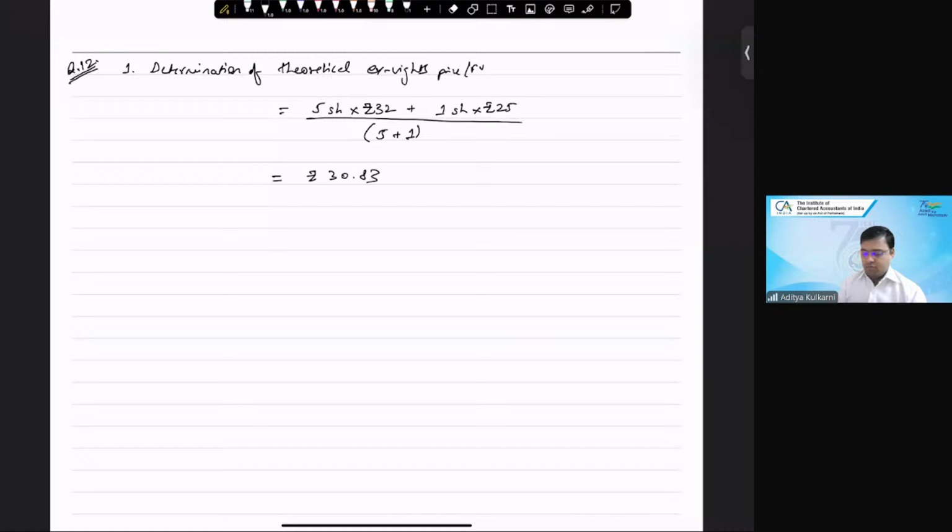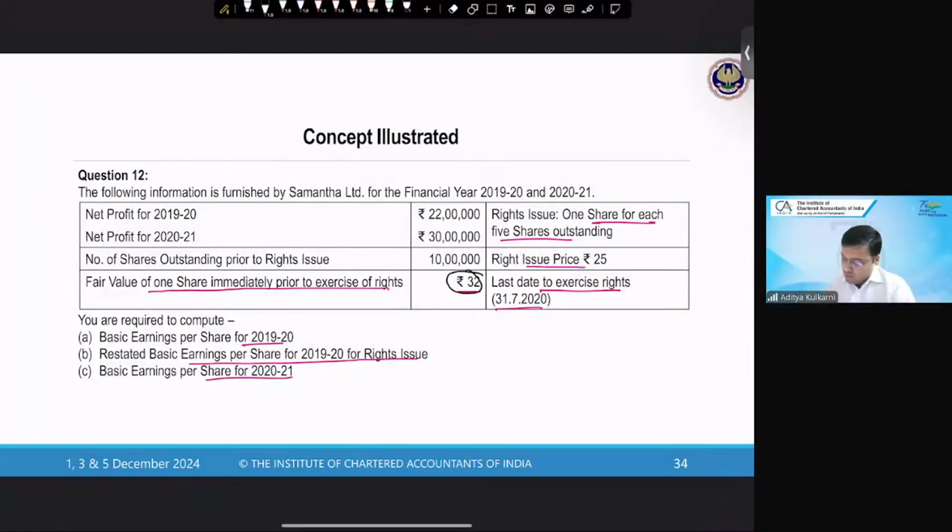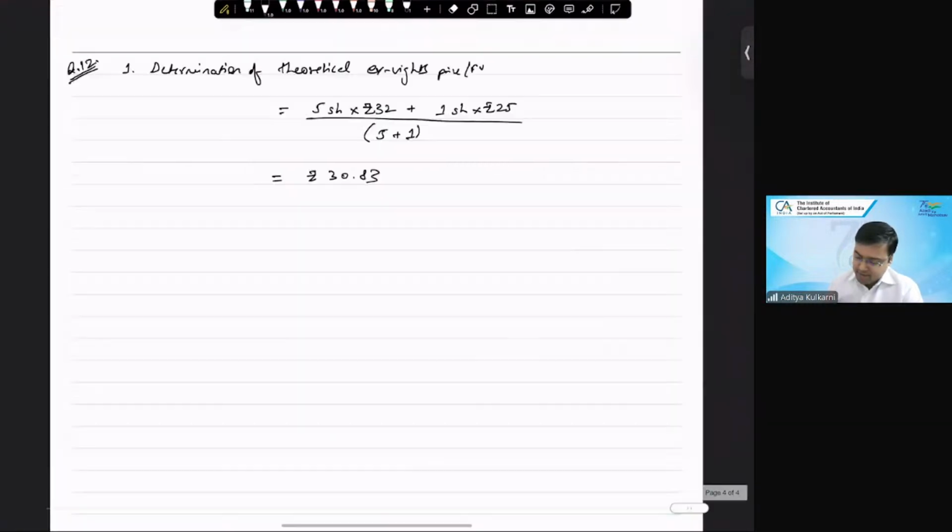Now, listen carefully. How many shares have you issued? I am having how many shares in the capital structure? 10 lakhs prior to rights. Okay.